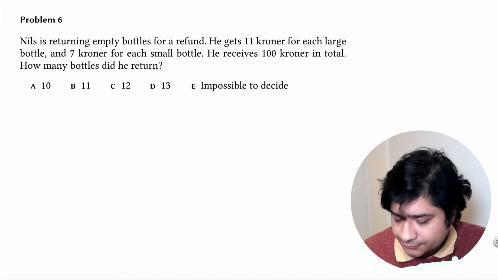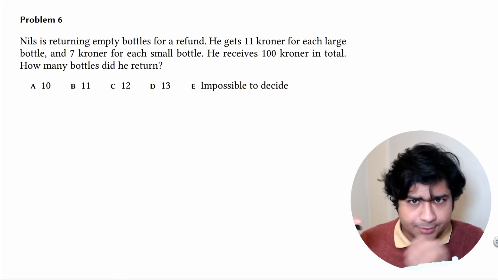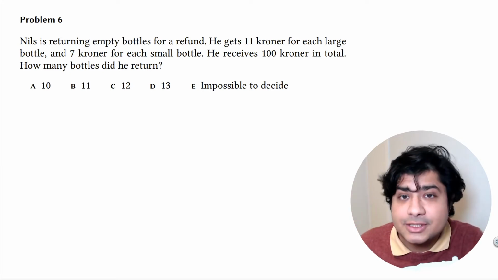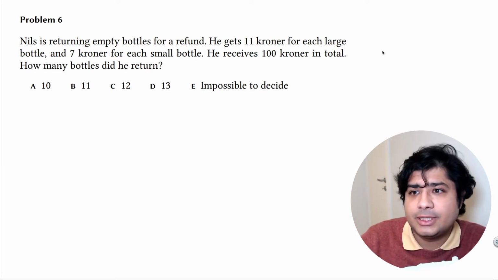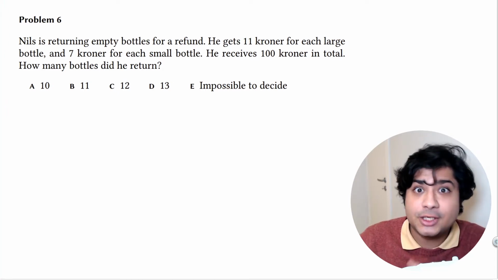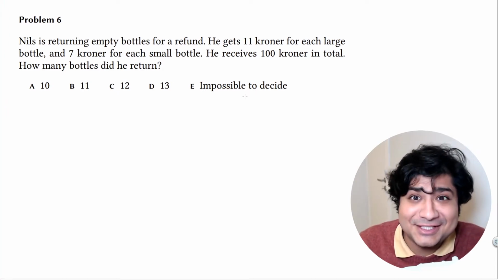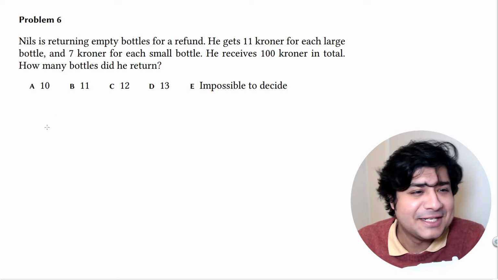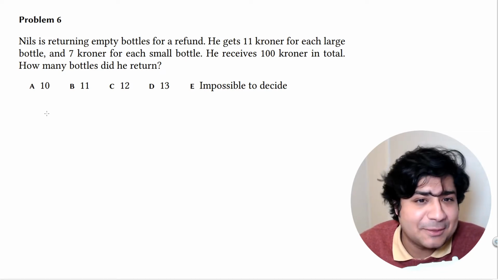Okay, so let's start by, again, writing down the information that we have given in the problem in our own way. That always gets you started doing something, rather than just staring at the problem and hoping that some genius thought is going to come to you.